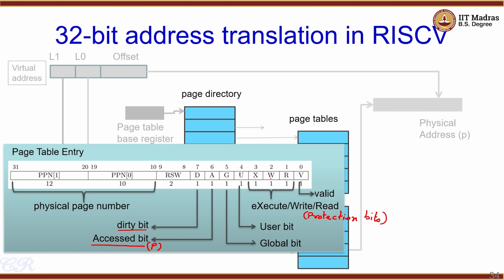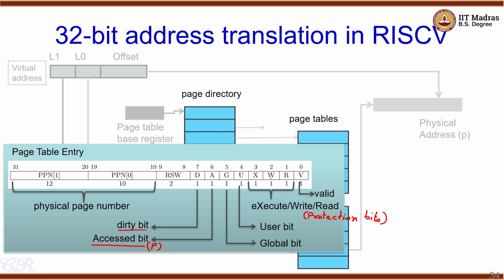If the read bit is set to 1, it means that the page is readable, so the load instructions would work from that page. If the write bit is set to 1, it means the page is writable, so you can store to that particular page.